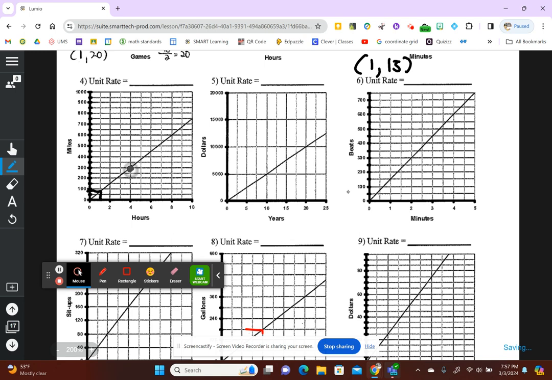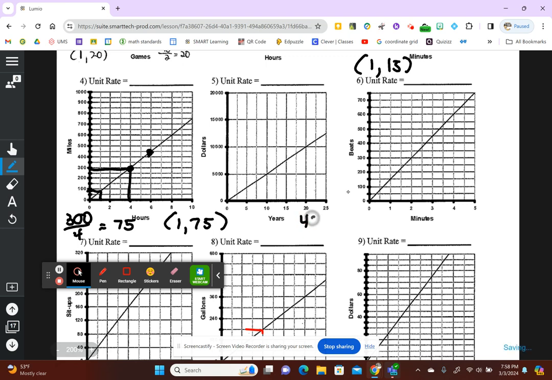And here I see 4 clearly goes to 300. So what's 300 over 4? Well, 4 goes into 30 7 times, and 4 goes into 20 5 times. So my unit rate is 75.